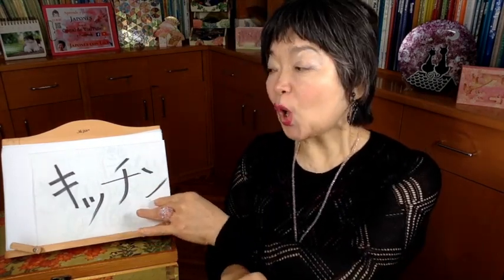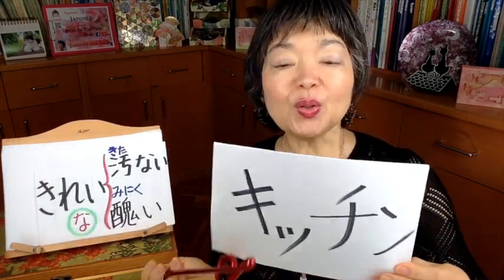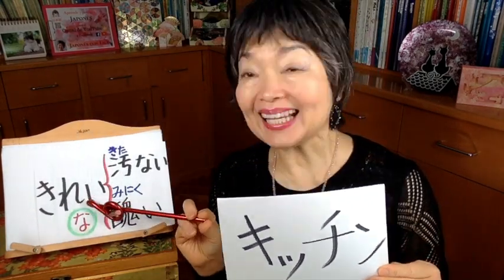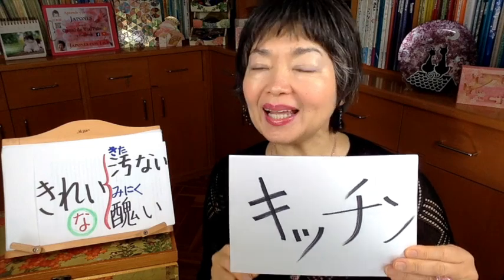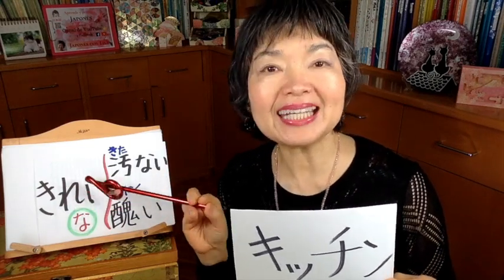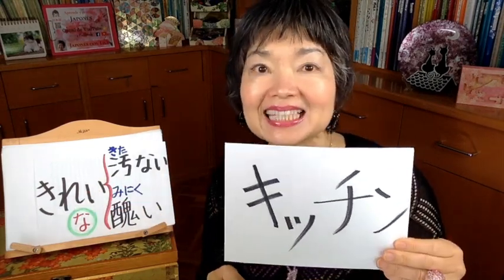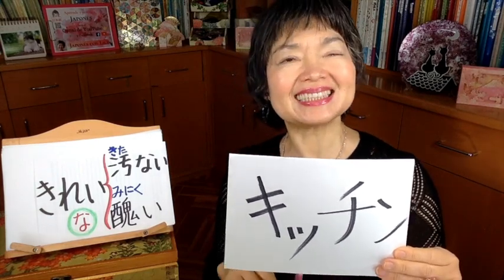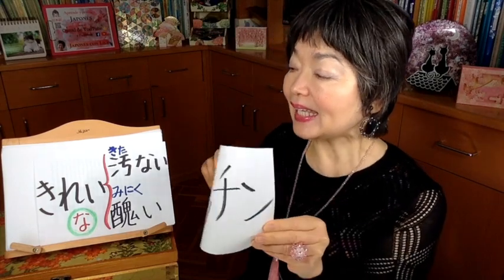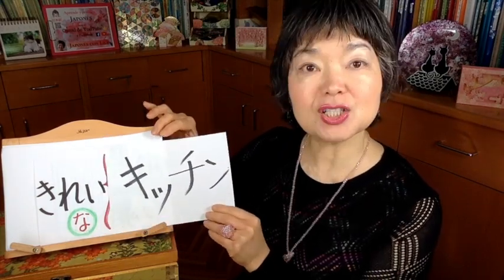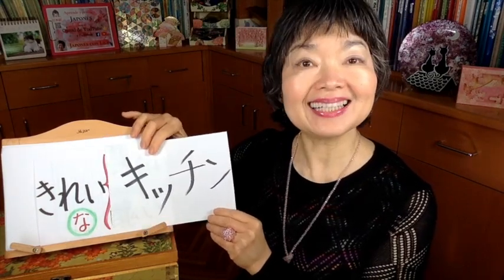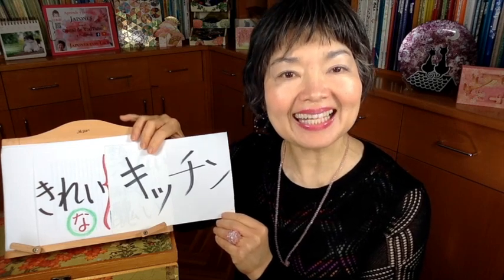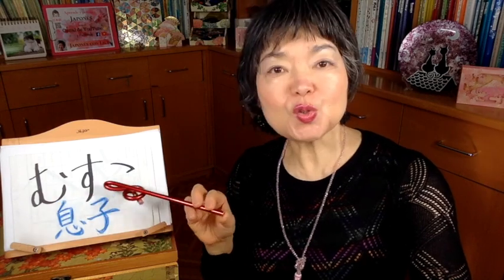So I can say, このキッチンはきれいです. And here きれい means clean. This kitchen is clean. And I can also say きれいなキッチン, clean kitchen.